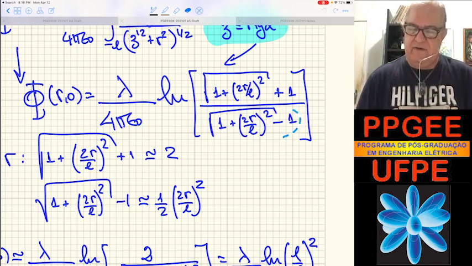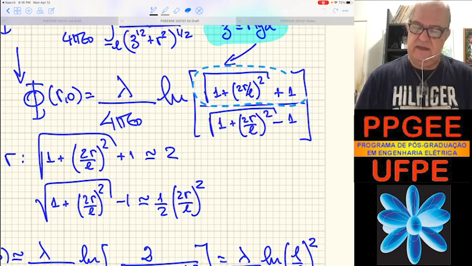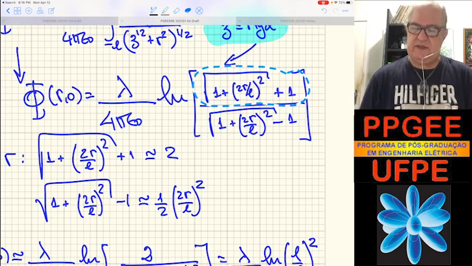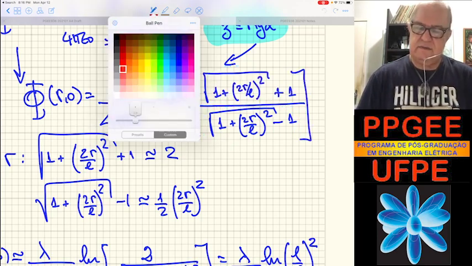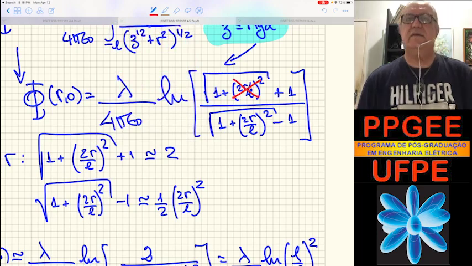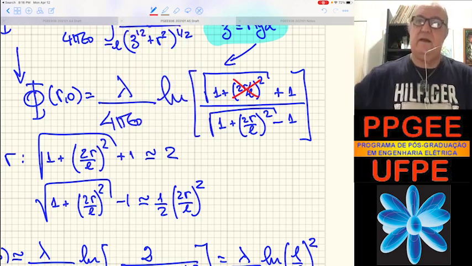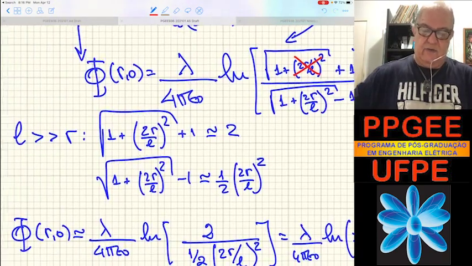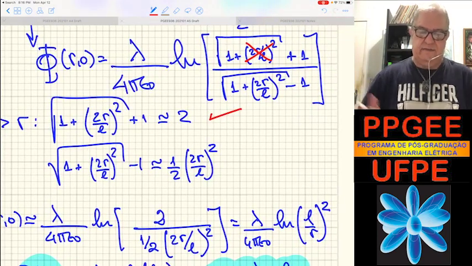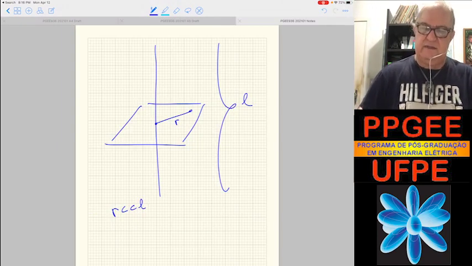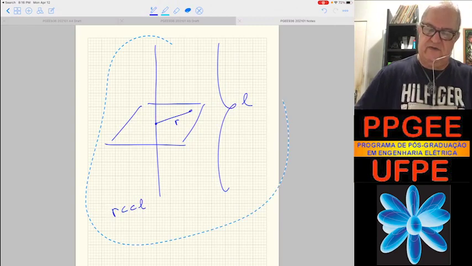Here we have to make a careful approximation. But here I can surely make a very good approximation, just neglecting this factor here. So in the numerator, we are going to use that approximation. In the denominator, we are going to use a Taylor approximation to first order.